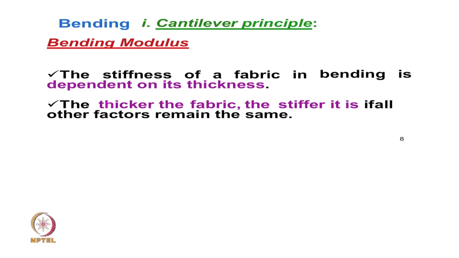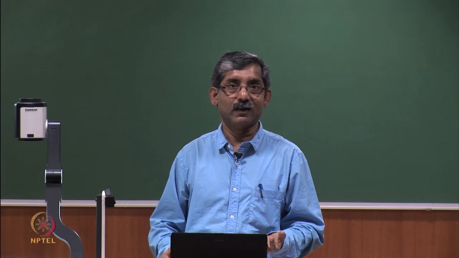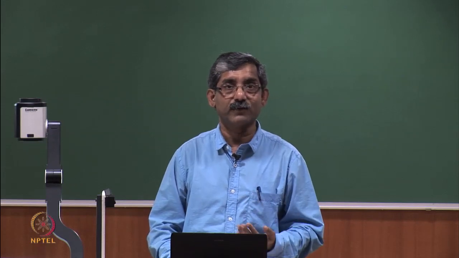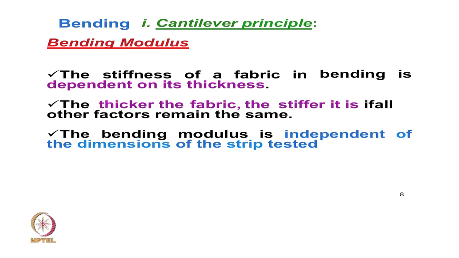That is why the thicker the fabric, the stiffer it is. So, if all other factors remain constant, we need a parameter which is independent of thickness; the bending modulus is independent of the dimension of the strip tested.